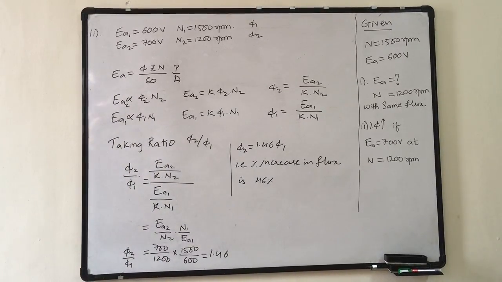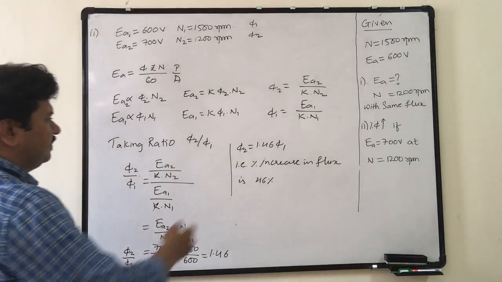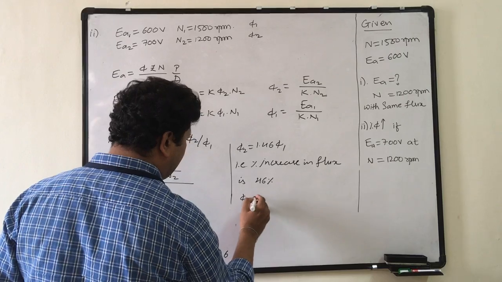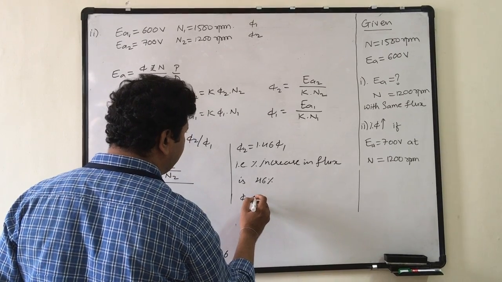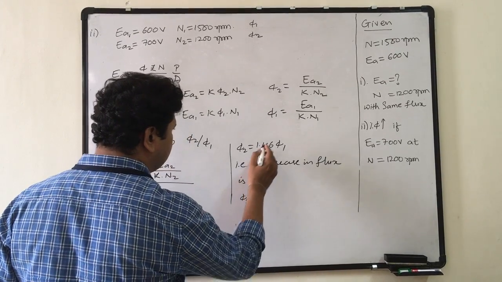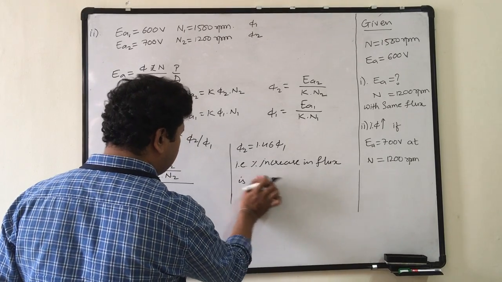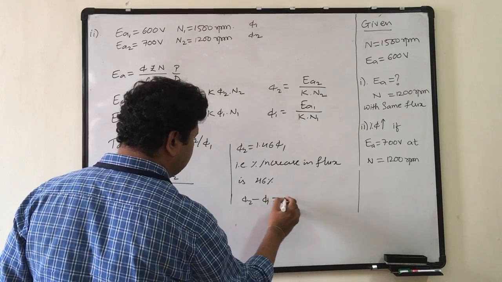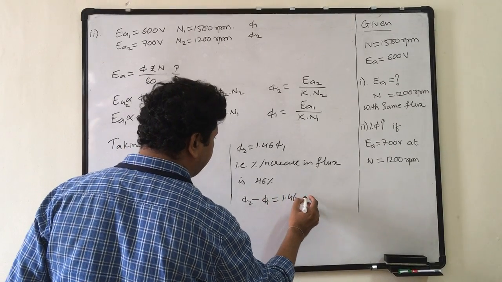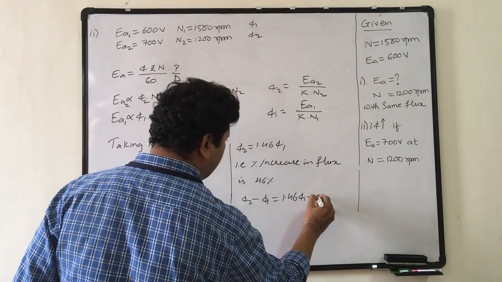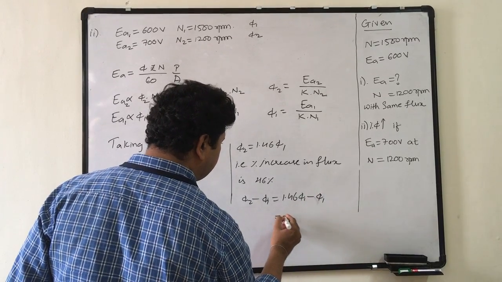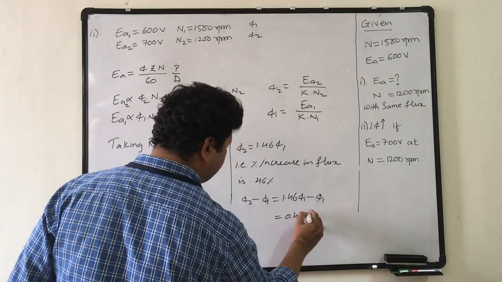How 46%? Simple. So phi 2 minus phi 1 is 1.4651 minus phi 1. This is 0.4651.